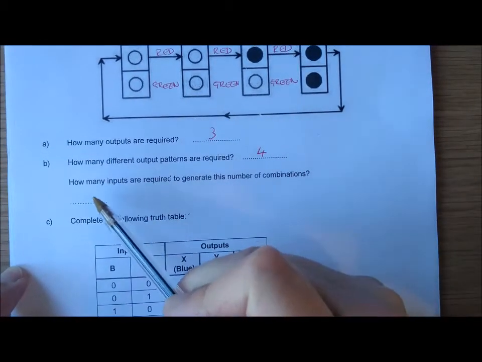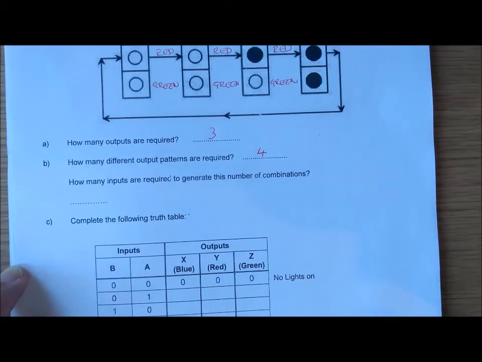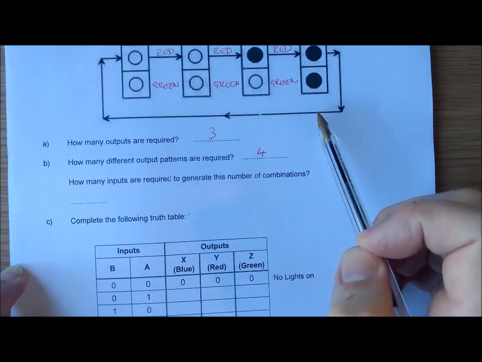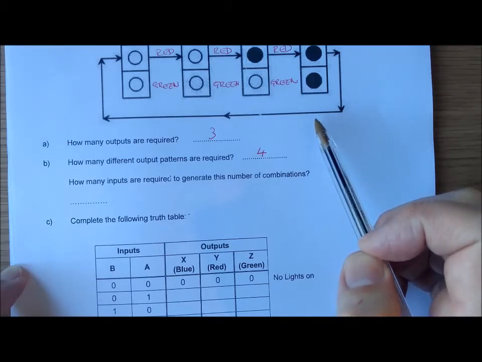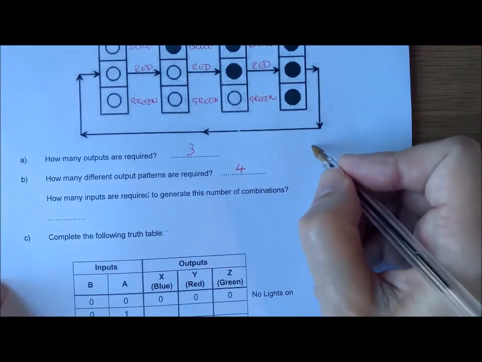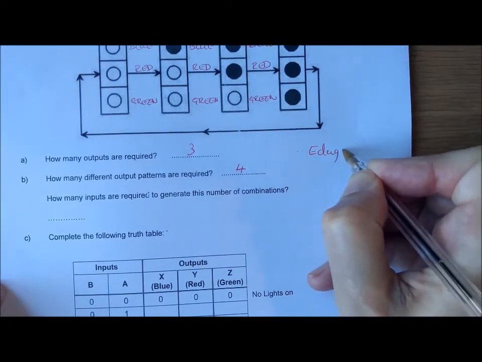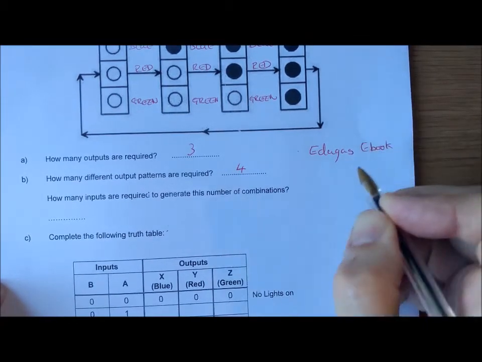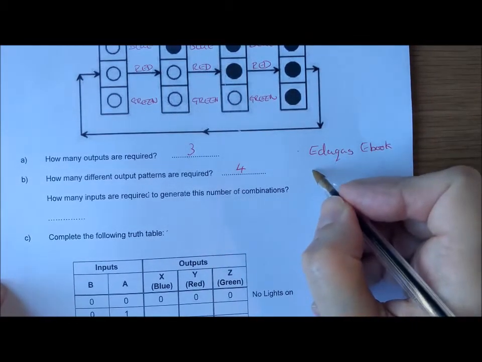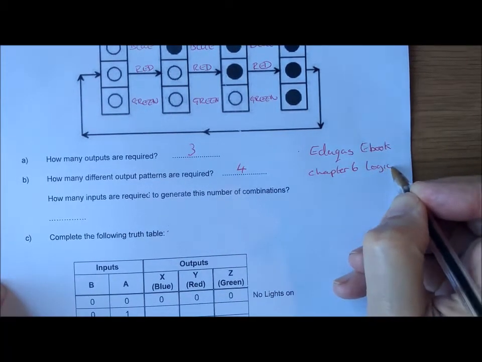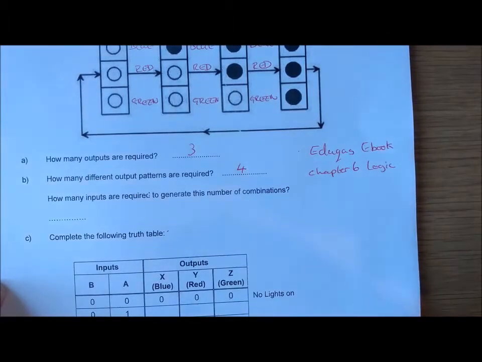Now it's asking how many inputs are required to generate this number of combinations. I know that for 4 combinations it's 2 inputs. If you want to find out how you work that out, you can go to the Educas ebook, chapter 6 on logic, which we've looked at before, and that will explain how you do this.